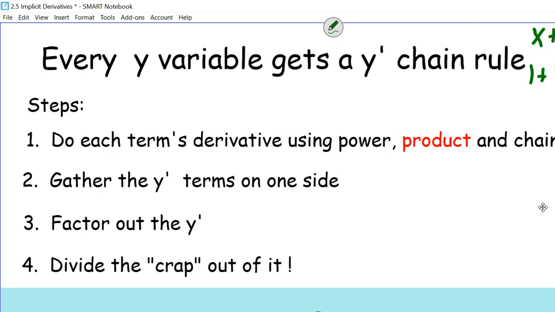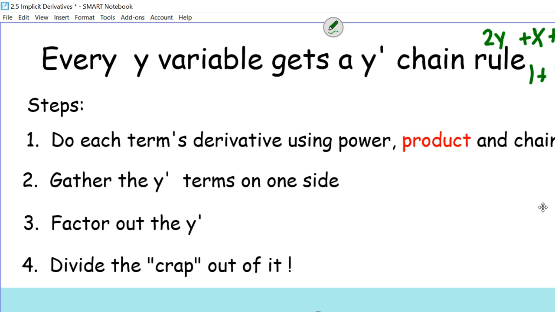And then gather all your y prime terms on one side. This one only has one, but sometimes you might have something else, like 2y over here, so then you'd have 2y primes. You might have multiple y primes on one side, so you're going to gather them all on one side to try to get them by themselves.